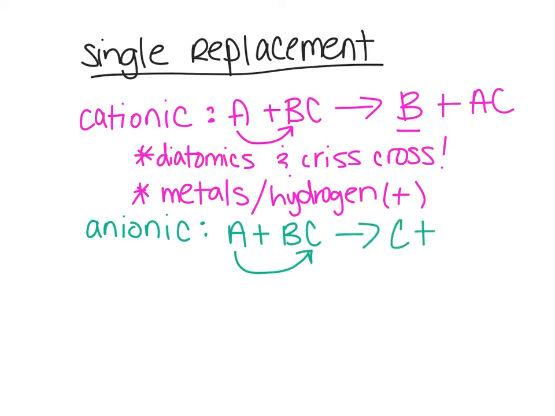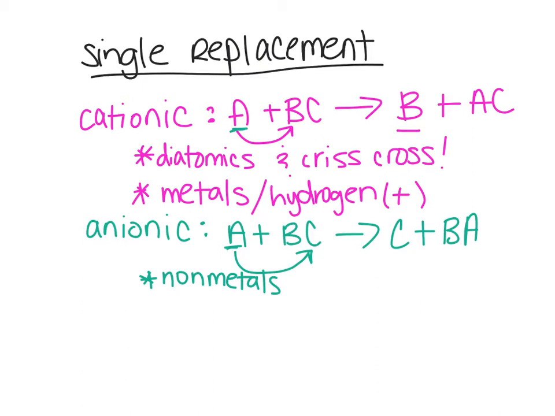So C is left alone, and now you have BA. It's the same thing, except now we're kicking out the anion, which is usually the second thing listed. So this is usually your non-metals. A would be a non-metal here, and up on cationic, A would be a metal. It's an easy way to notice it.